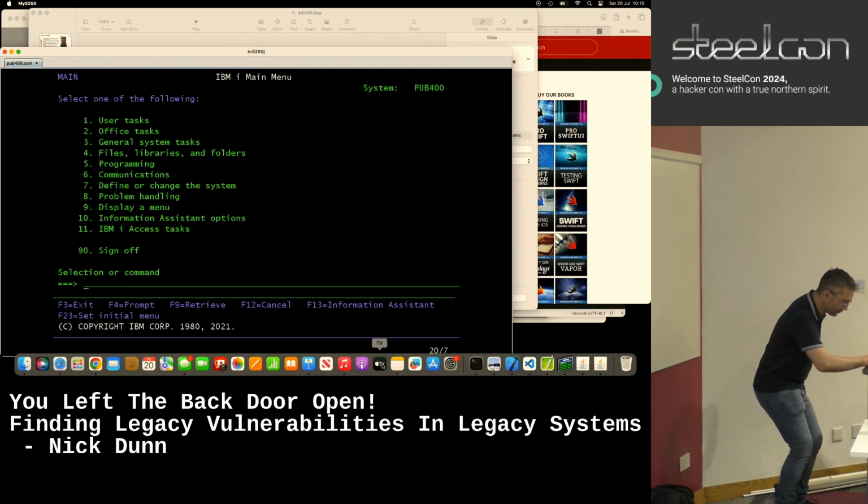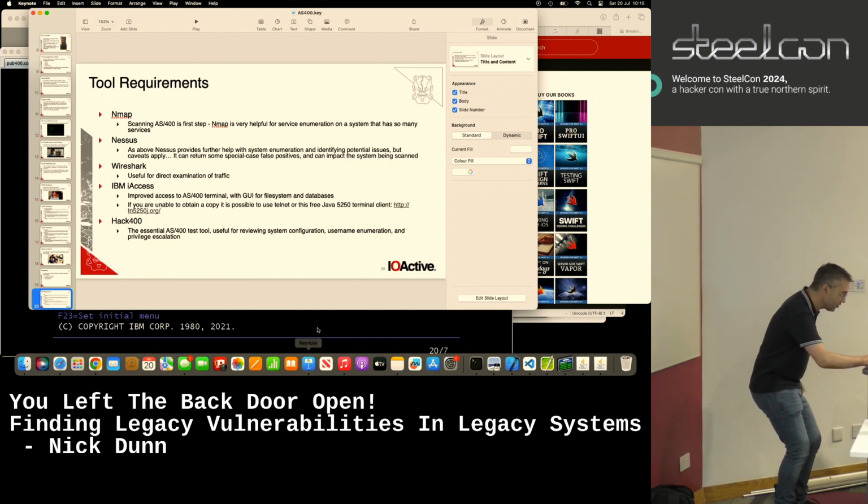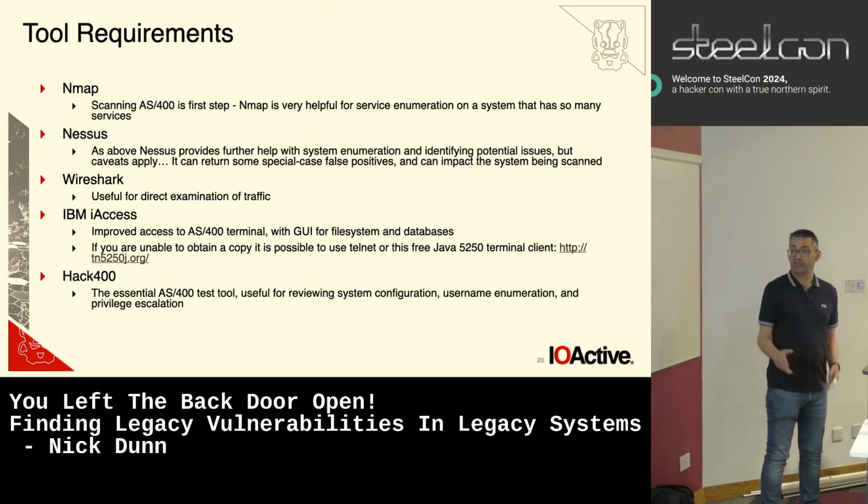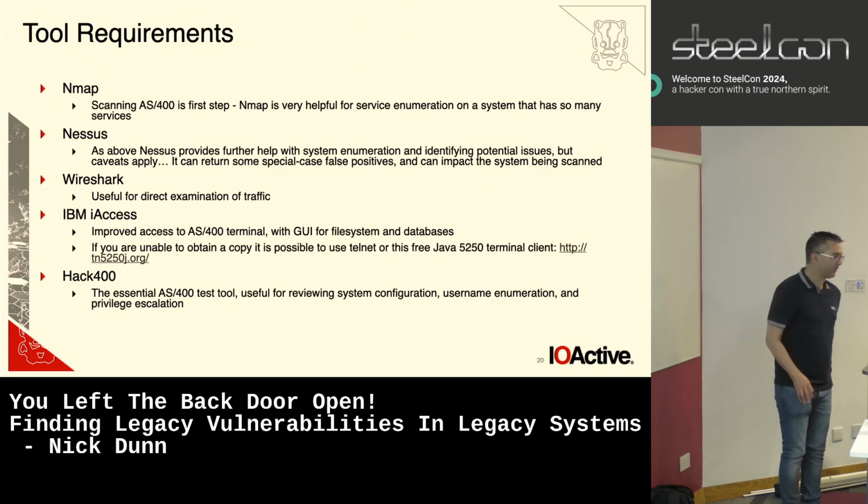I am going to put all the slides online later. So ideally, you can do it with Telnet, but if you can't get IBM iAccess, use that Java version of the IBM client.